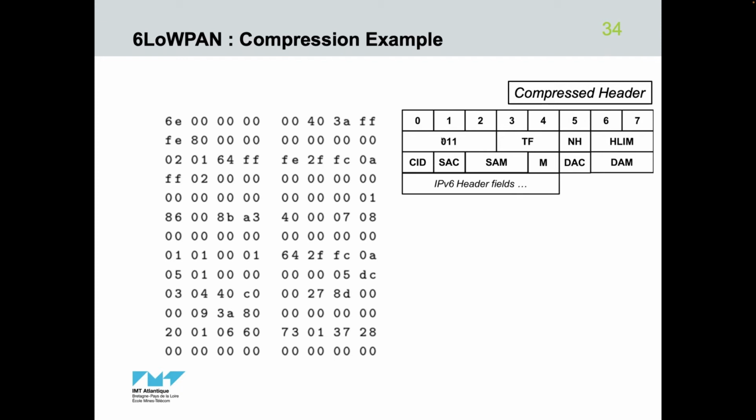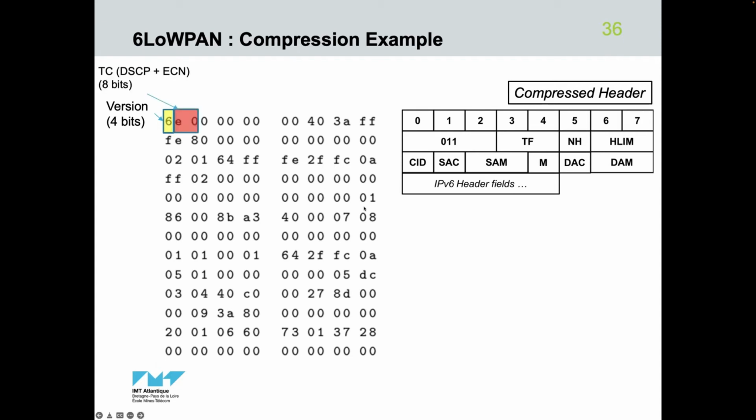Now we are going to analyze field by field the original IPv6 header and check what can be elided or compressed and what must be carried in line. So the first field, as I told you in the very beginning, is the version field, IPv6.